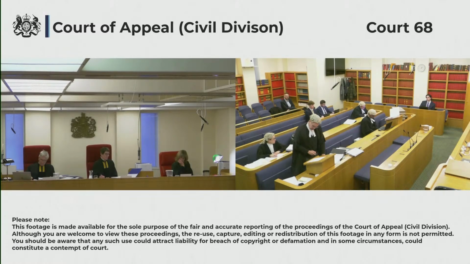And we see that if you jump to page 36 of the authorities bundle. This is what the RTM company is going to get. Section 96(2) is the critical bit.